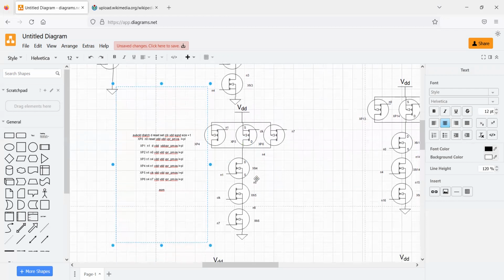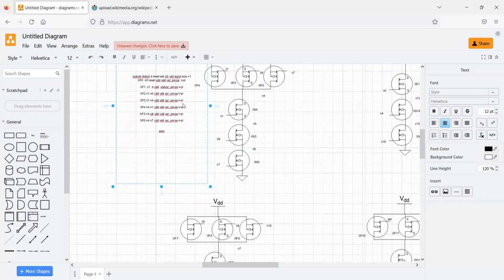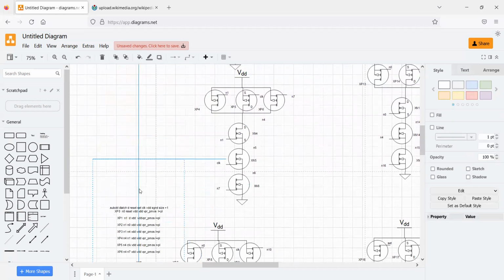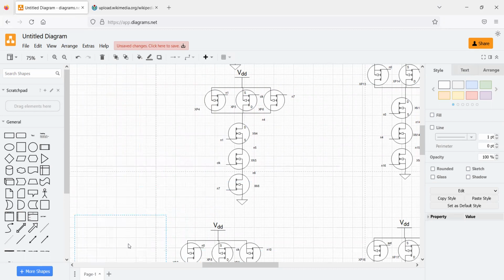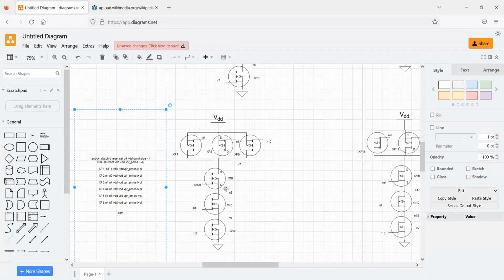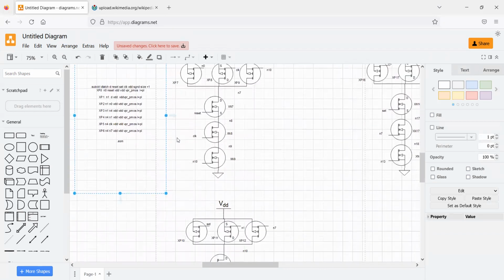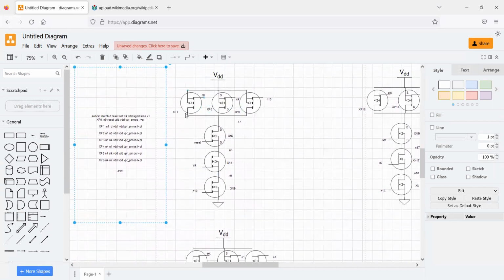Afterwards, we're going to the next NAND gate. Okay, for the next one, we have XP7, XP8, and XP9. So XP7 goes from N7 to N0, then goes to VDD.